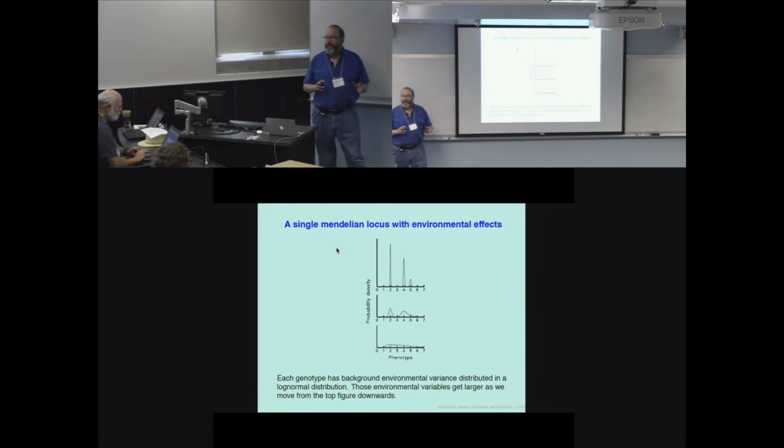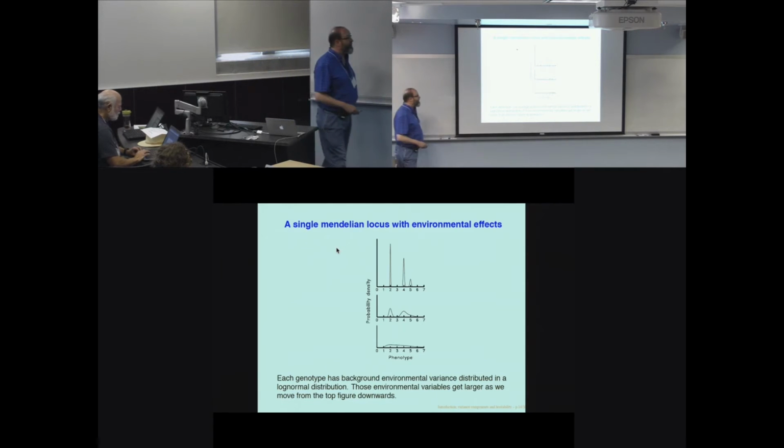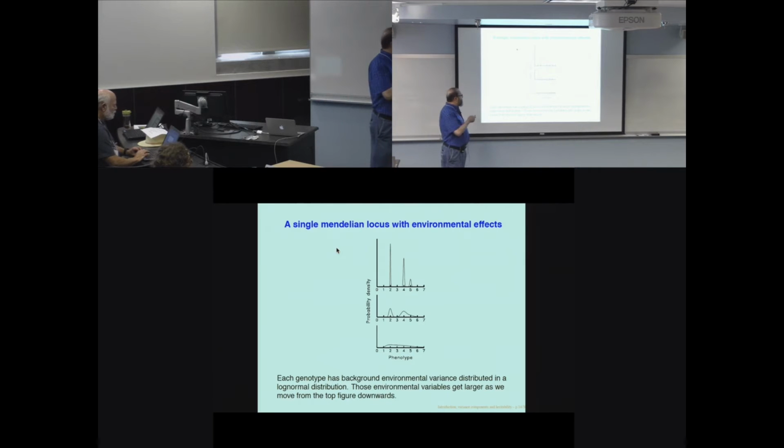And that marvelous fact comes from R.A. Fisher's 1918 paper. If you had a single locus with 3 genotypes, and they happen to have genotypic means of 2, 4, and 5, imagine that the effect of the environment, so there's only one locus involved in this trait.